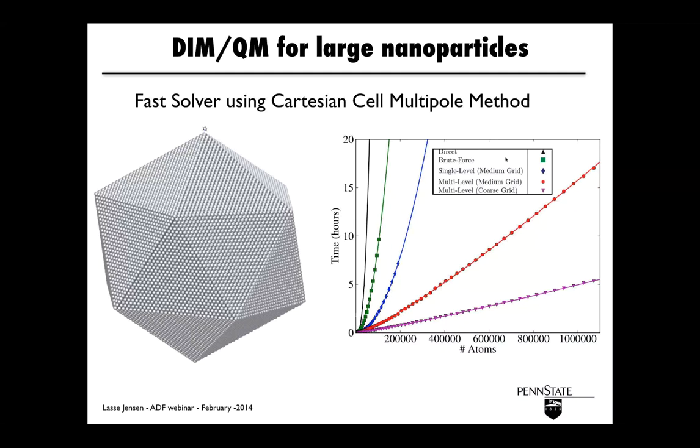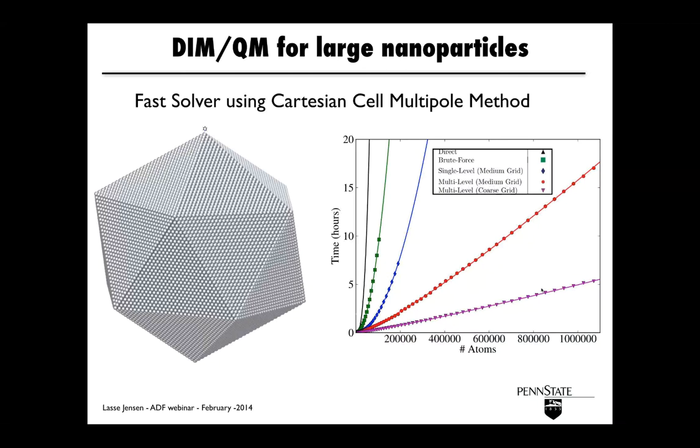So there is a brute force linear solver which scales quadratically with the system, and there is this cell multipole method implemented either at single level or multiple level with different grid sizing. That really makes solving this linear equation scale as n log n.